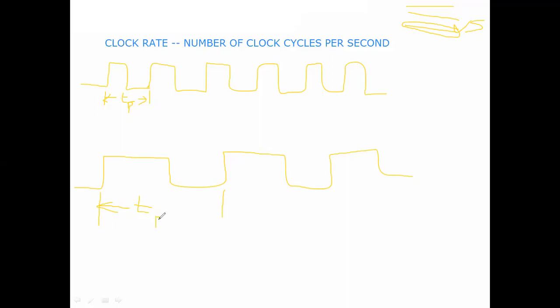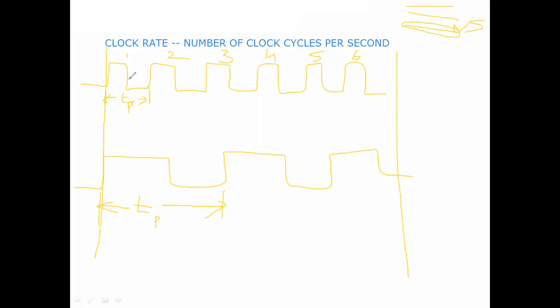Here TP is high. Considering this time instant, we have the first, second, third clock cycle, fourth, fifth, sixth. That means in this time totally 6 steps are completed.